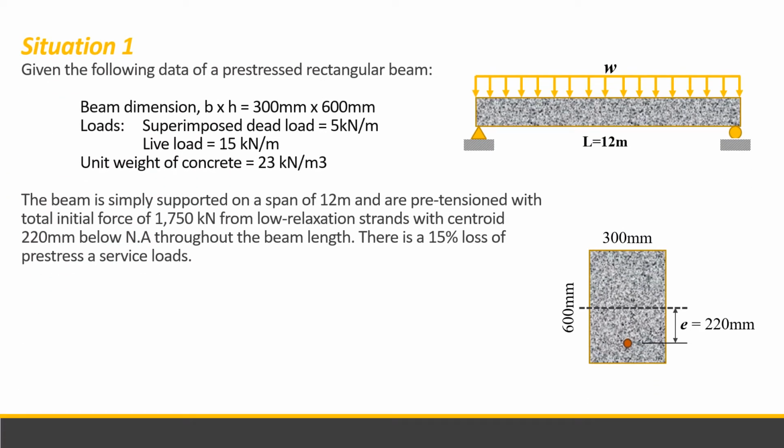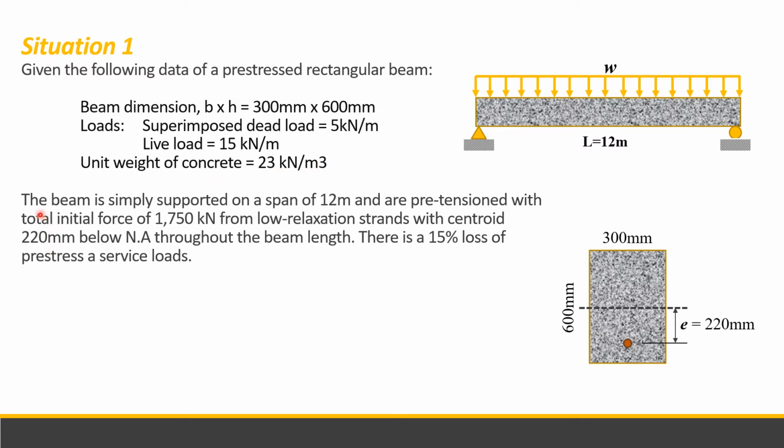Okay, so situation 1, given the following data of a pre-stressed rectangular beam. The beam dimension b by h, or b by d, is 300 by 600. The loads are superimposed dead load 5 kN per meter, live load 15 kN per meter, and unit weight of concrete is 23 kN per cubic meter.